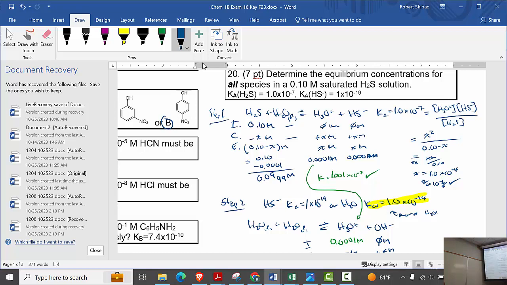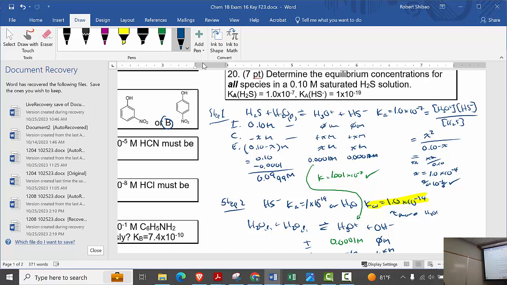When I go to step 2, now some people got this, some people didn't. Which one is a stronger acid? HS minus with a Ka of 10 to the minus 19, or H2O with a Ka, which is equal to Kw, of 10 to the minus 14? It turns out H2O is a stronger acid.